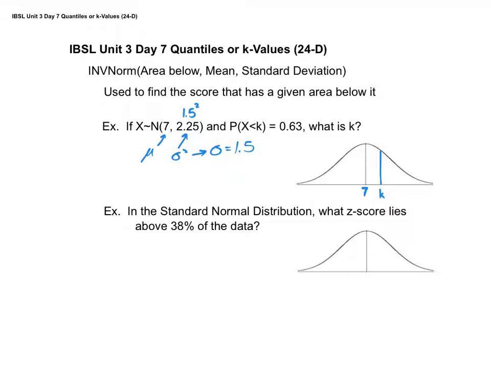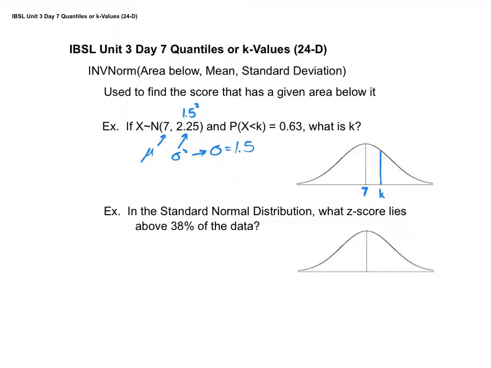And by the way, this can be helpful here to make sure that you actually get an answer that makes sense. Think about your mean and your standard deviation. If I were at 8.5, approximately what percent of my data would be below 8.5? 34 plus 50, so 84%, right?